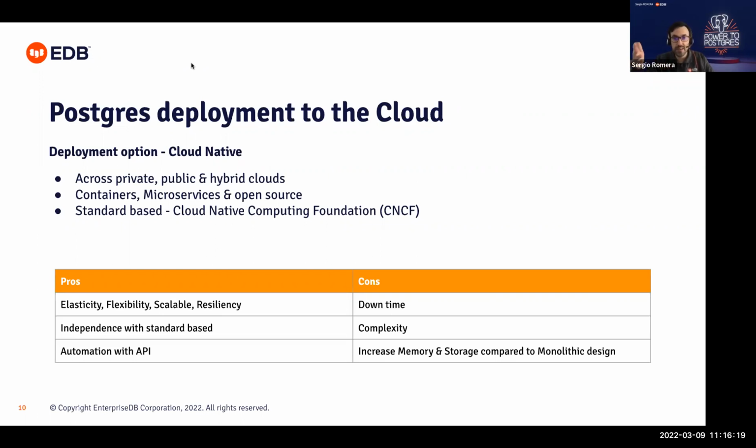So you can automate with APIs, you can automate with Kubernetes commands. Once you know the technology, it's very easy to provision clusters and manage all the data that are in these clusters.